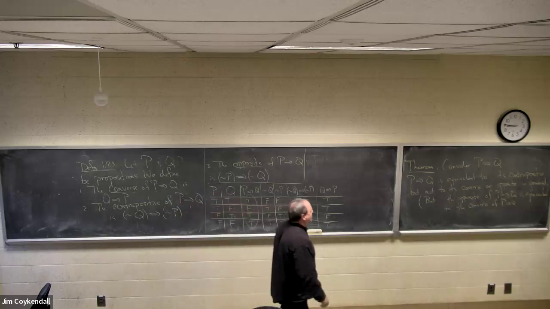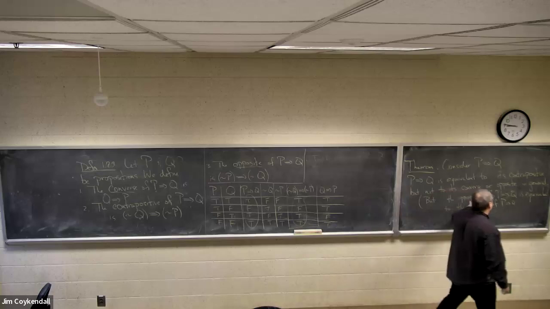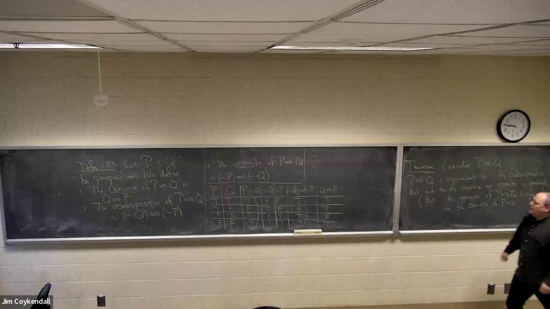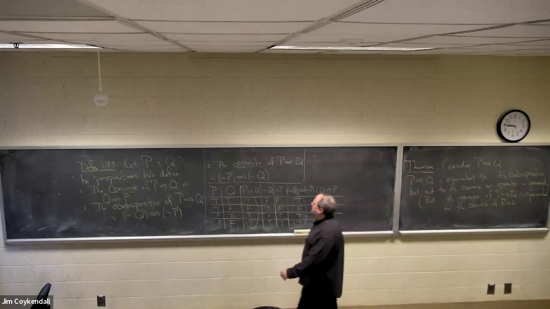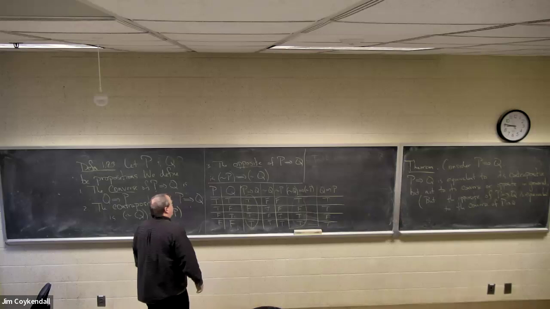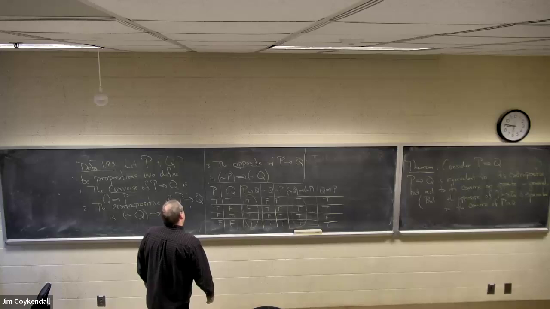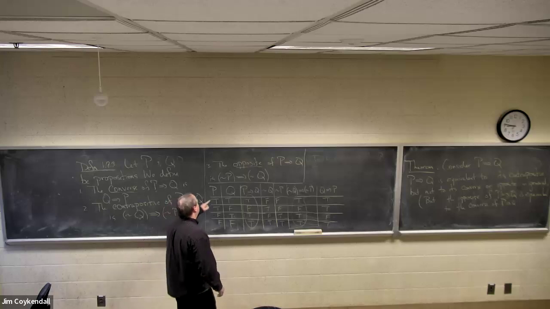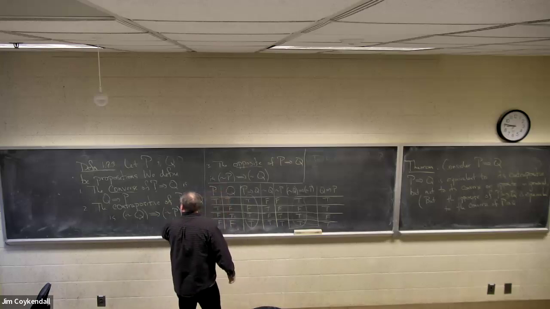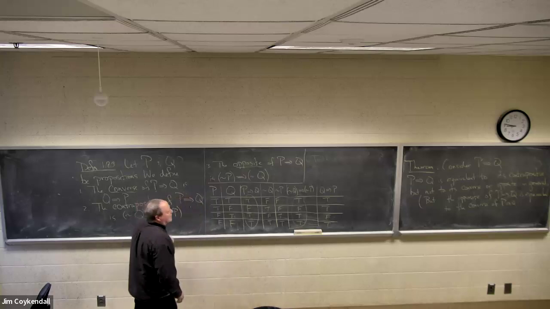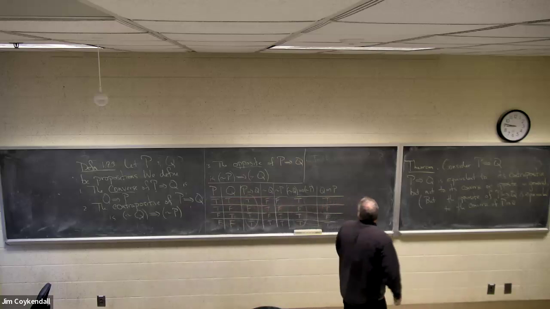By the way, I'll leave this for an exercise, see if you can figure this out. The opposite, I made this last claim that the opposite is equivalent to the converse.